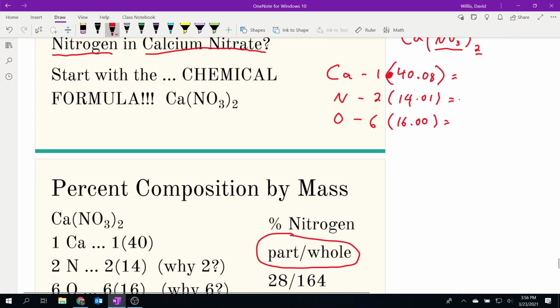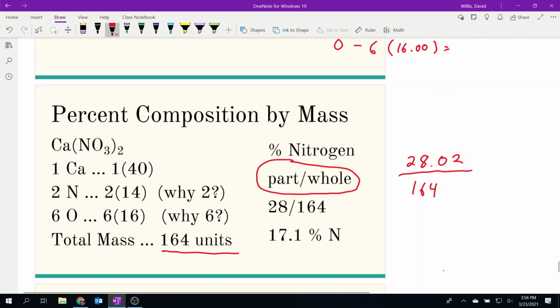Well, 2 times 14, so that's going to be 28.02. And so the part will be 28.02. Our whole is approximately 164. I'm not going to add that up right now. And when we do that division, we end up with 17.1% nitrogen.